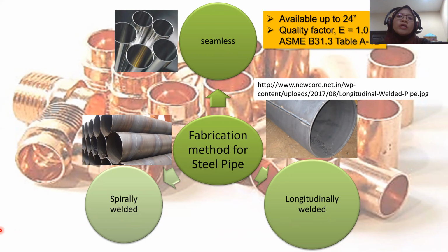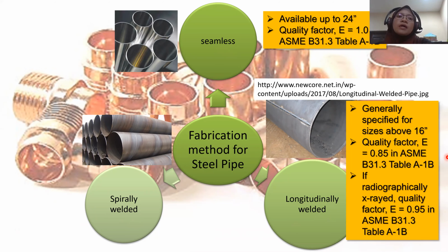While for the longitudinal welding method, the pipe is fabricated by feeding hot steel plate, let's say like this one, this is stainless steel plate, through shapers that roll the plates into a hollow circular section.